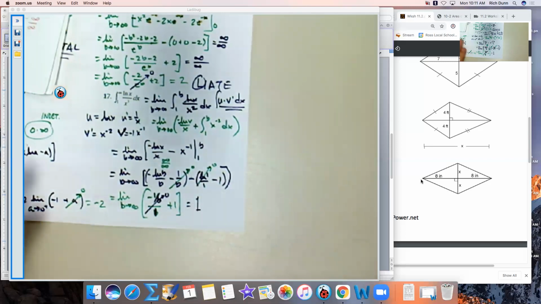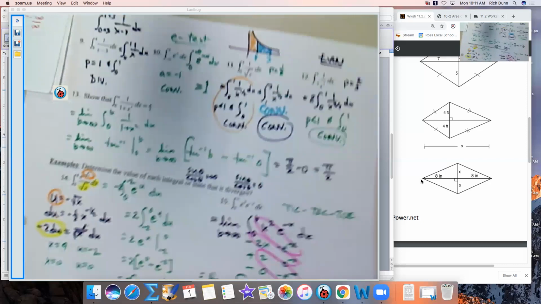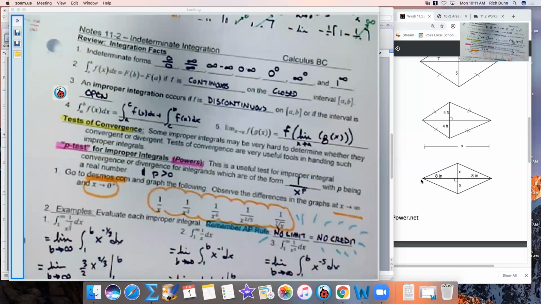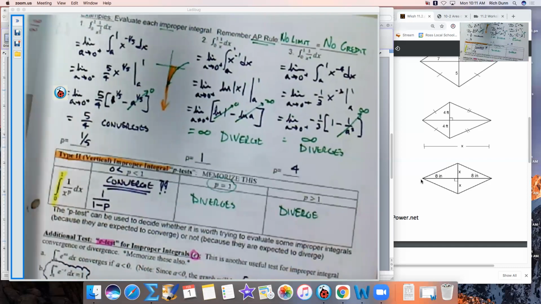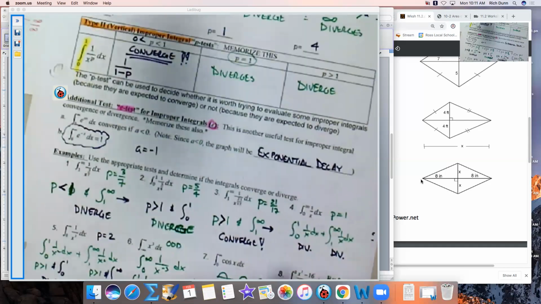So you can see that the main focus for you guys today was to learn this p-test and how that can shorten our converge and diverge process to just, yes, it diverges because of the p-test. A special case was the e-test.